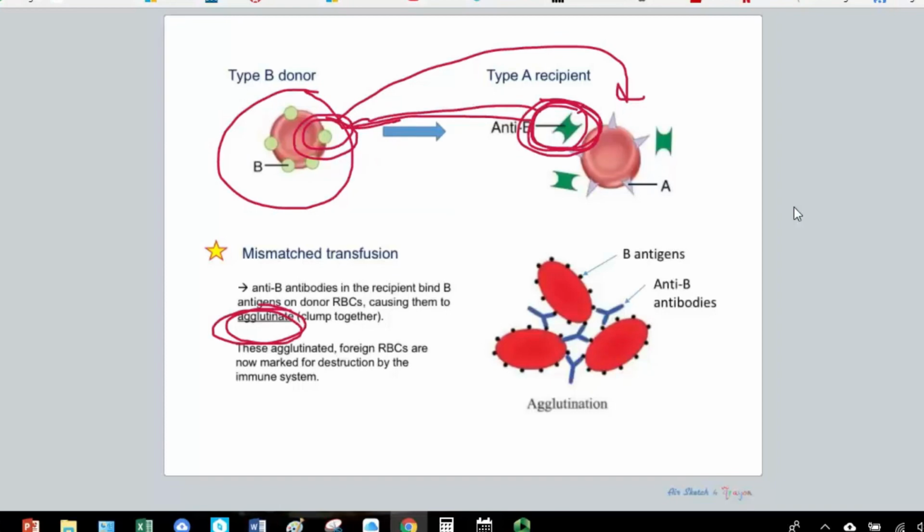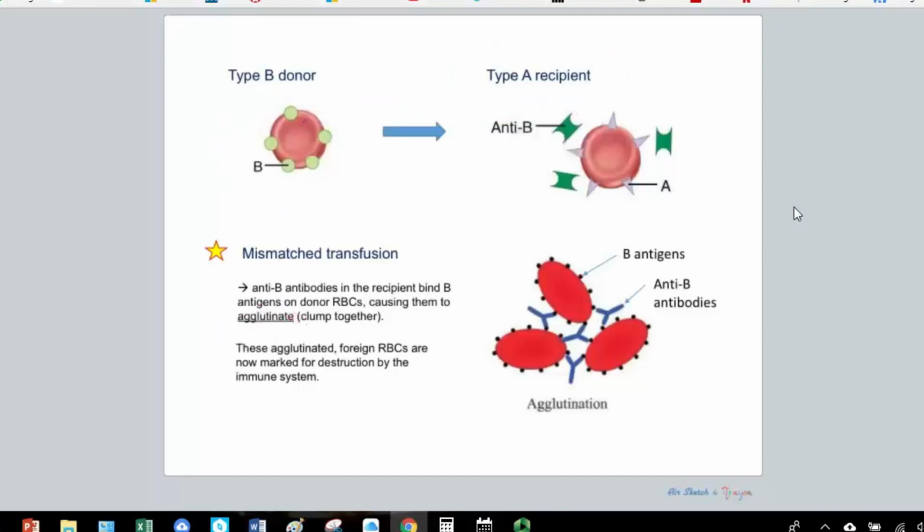They're immobilizing them. So these are the B antigens here. And what happens is we have these anti-B antibodies that bind to them, and it basically clumps these red blood cells together. It agglutinates them, okay, and it immobilizes them.